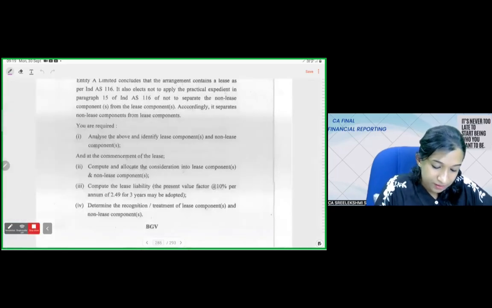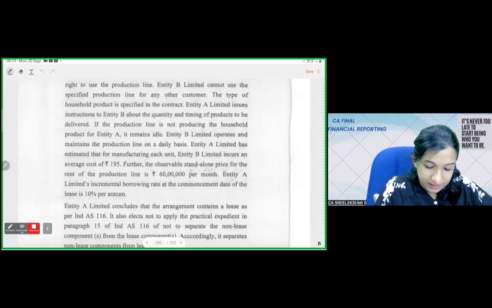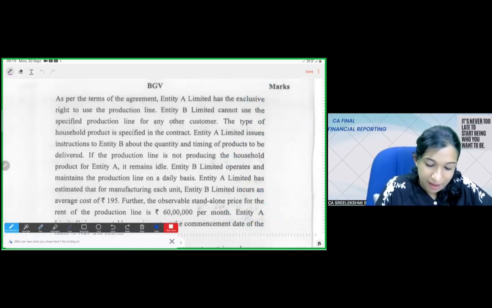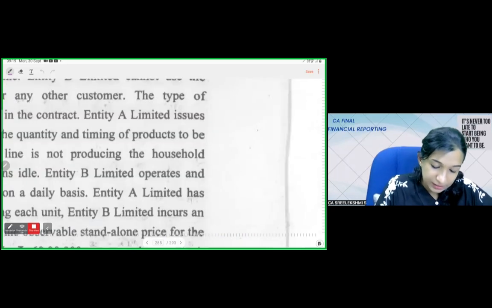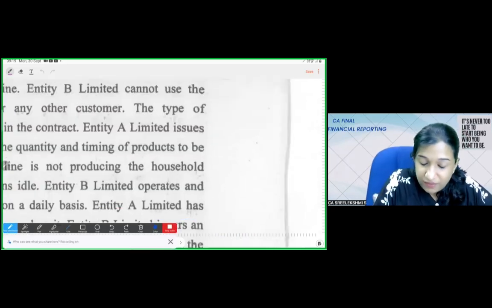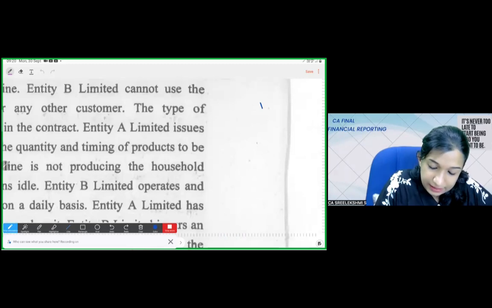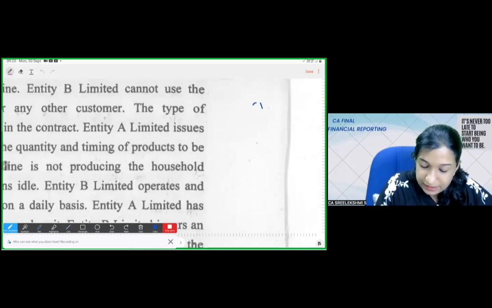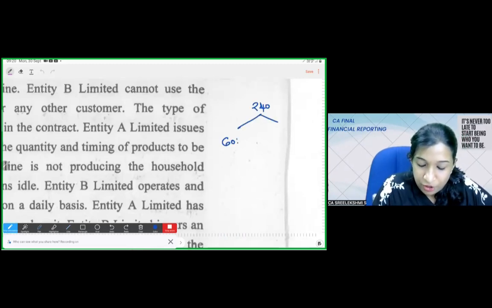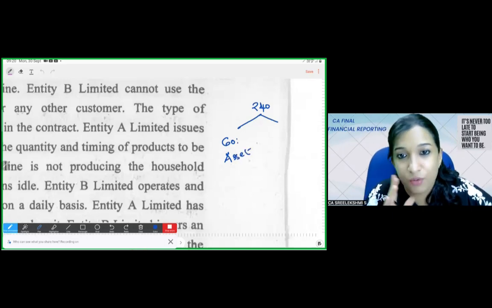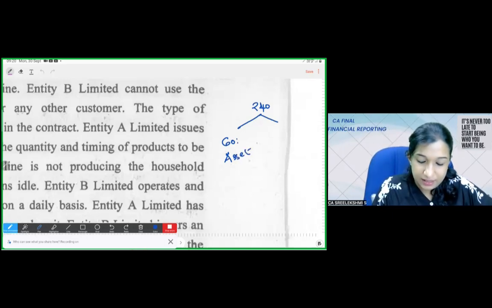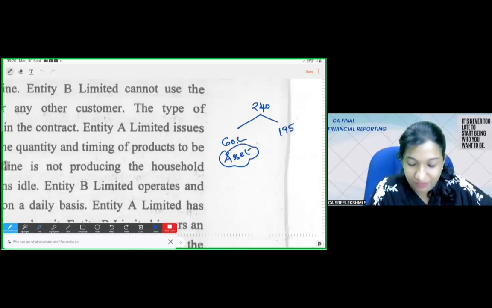Listen, entity A Limited has estimated the manufacturing of each unit. B Limited incurs a cost of 195 and the standalone price of the production line is 60 lakhs. So this is a lease contract. We need to allocate the 240 lakhs in the ratio of the pipeline 60 lakhs, which is an asset, towards lease, and for the expense of manufacturing 1 lakh units, 195 lakhs.